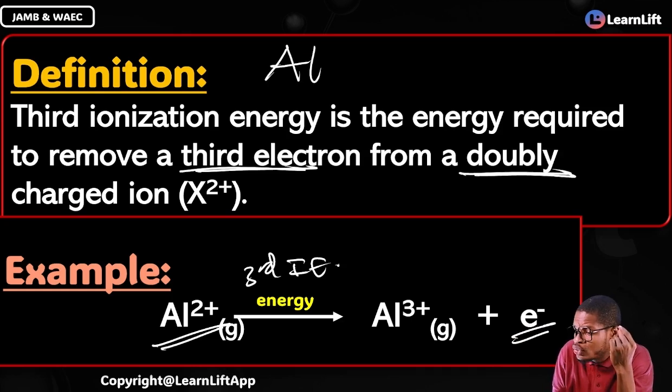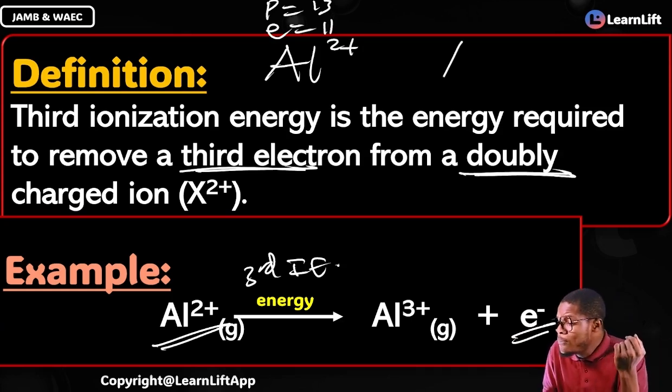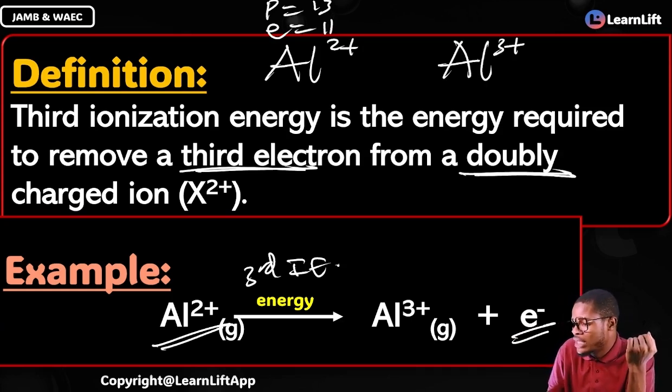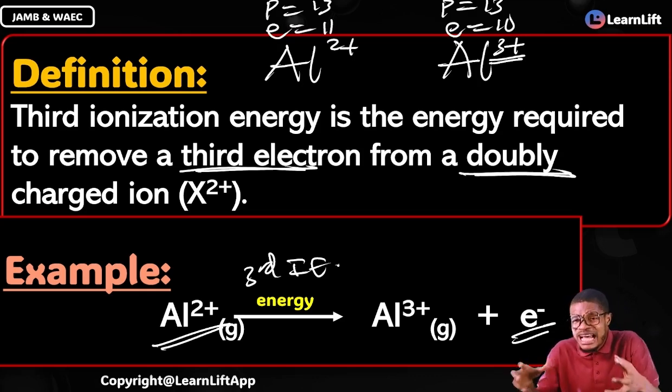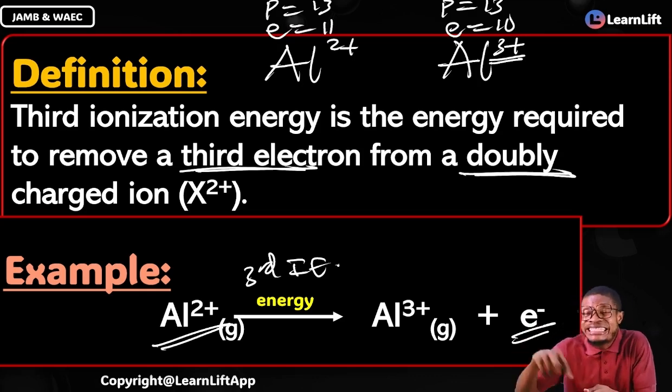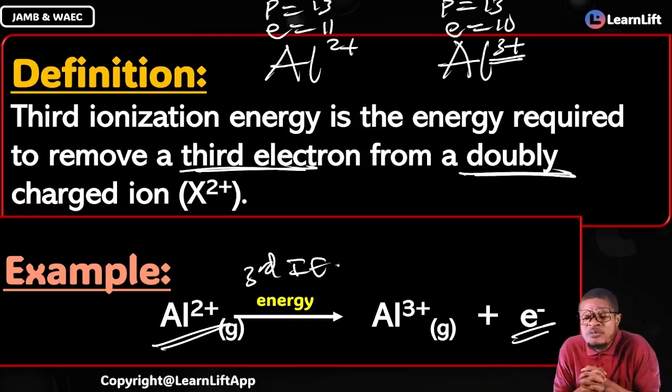In your Al2+, how many protons do we have? 13. How many electrons? 11. When you move it further to Al3+, we have 13 protons, and the electrons will now be 10 because it has lost 3 electrons. Because electrons are even smaller, the 13 protons can drag those 10 electrons closer to itself and make it even smaller in size.